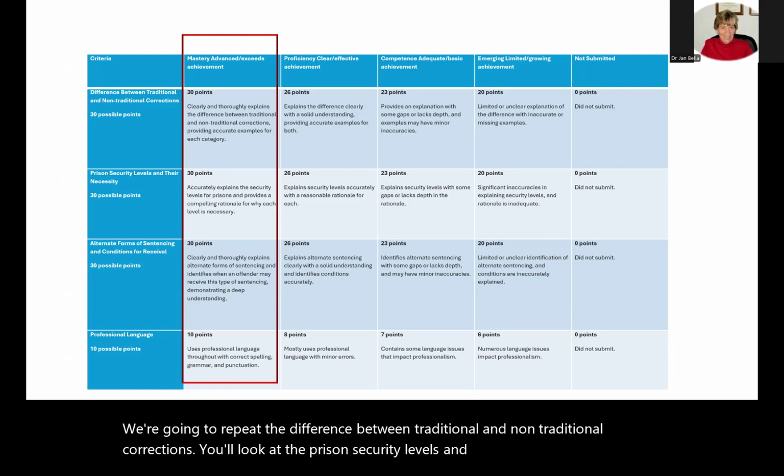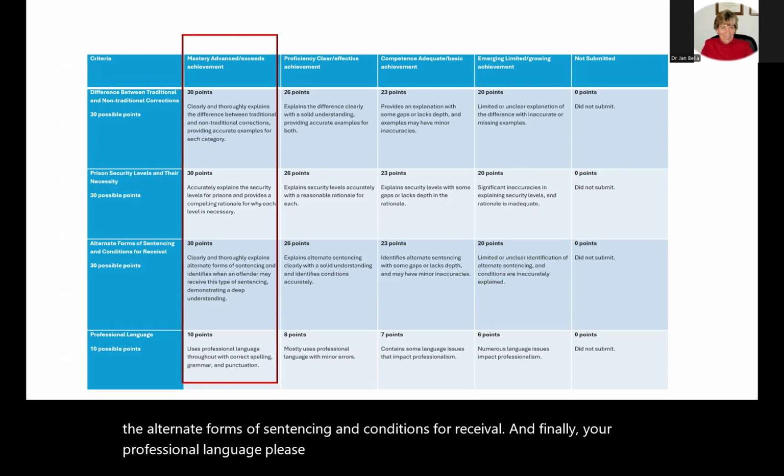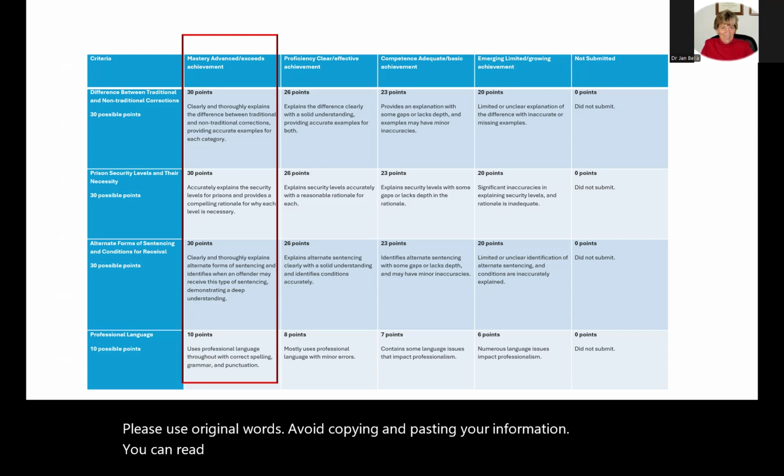You'll discuss the alternate forms of sentencing and conditions for receival. And finally, your professional language. Please use APA formatting in your references. Please use original words. Avoid copying and pasting your information. You can read the information, but please put it in your own words.